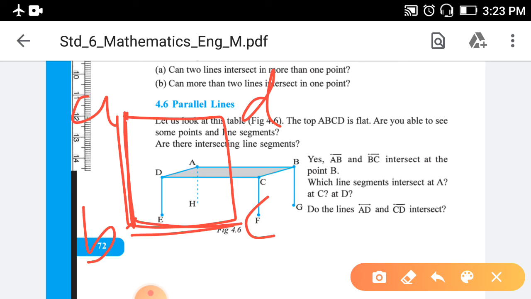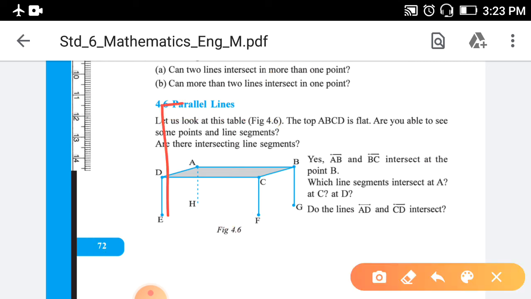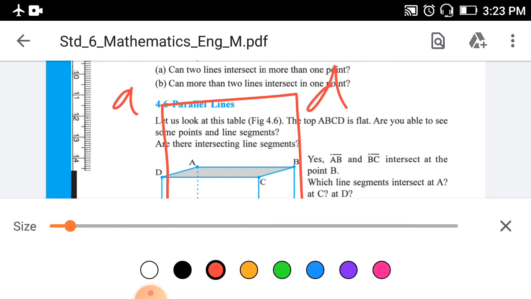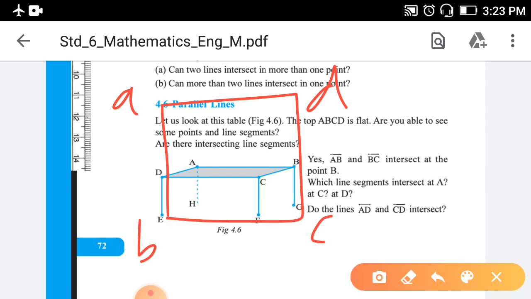You can see AB and BC. This is the square ABCD. Now I'll extend line AB towards the B and BC towards the B. Then both are intersecting at point B, hence they are not parallel lines.